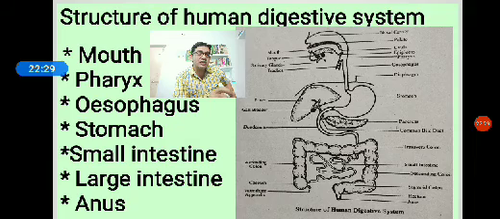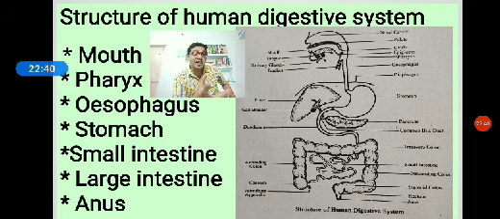The air pipe or wind pipe is the trachea. Where the esophagus and trachea attach to the base of the pharynx, one lid-like structure is present called the epiglottis. This epiglottis performs a rhythmic function continuously by opening and closing the esophagus and the other pipe, the trachea.